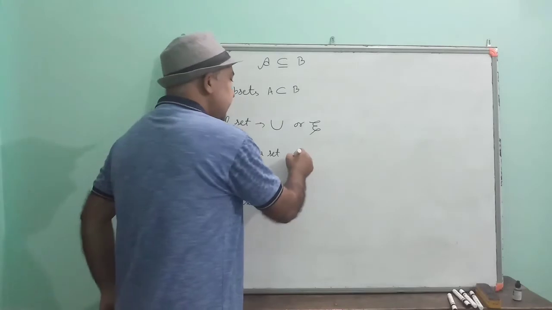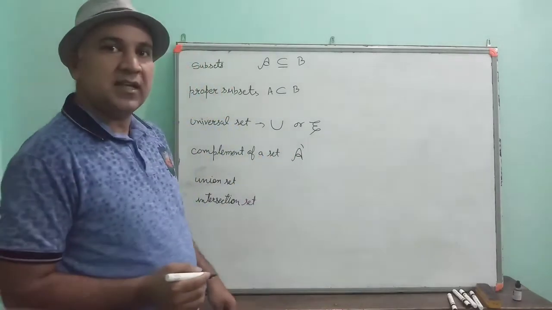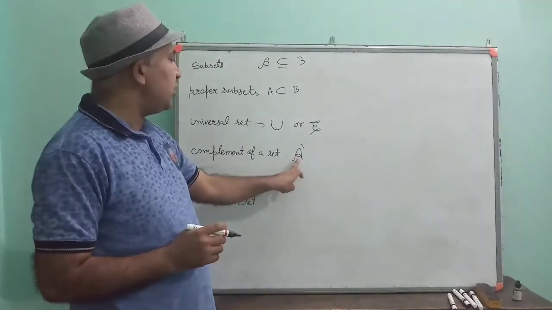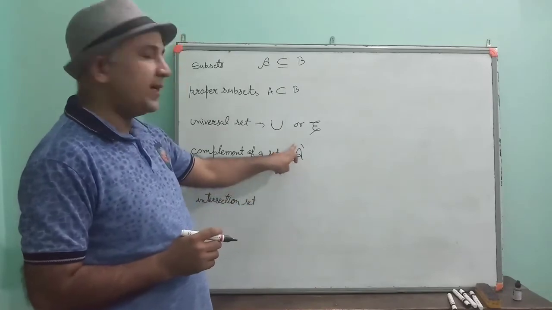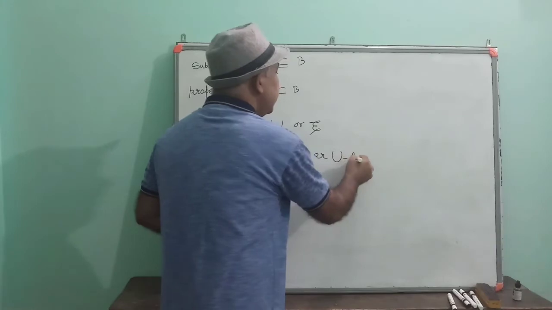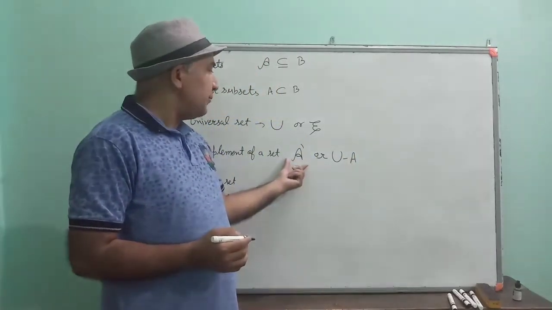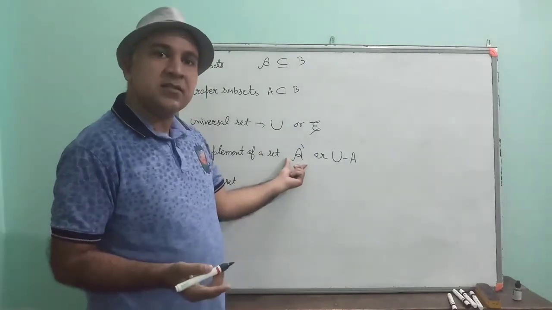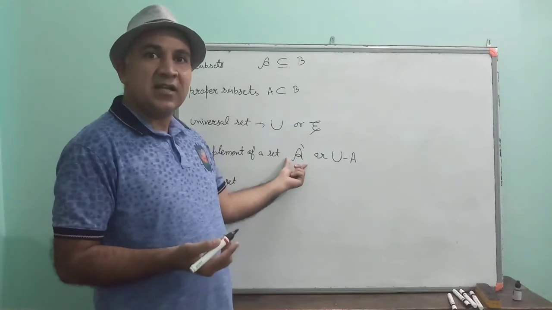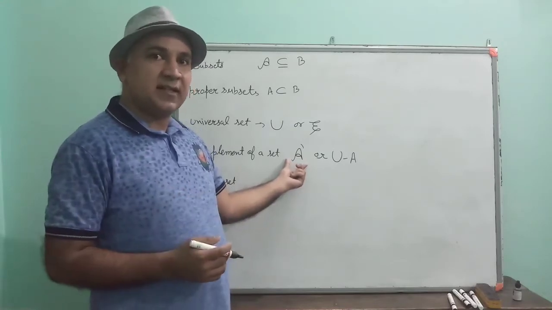Suppose there is a set A, then complement of A will be denoted by A dash or U minus A. That means the complement of a set has the elements which are not present in that set.